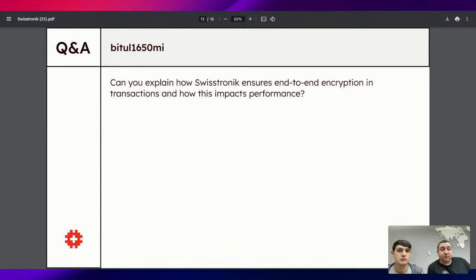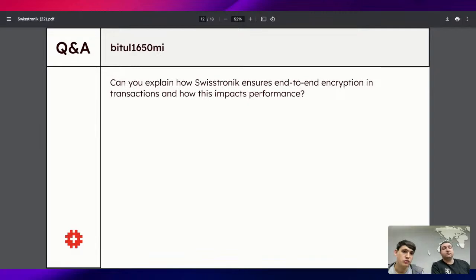Next question comes from Bytool1650MI. Can you explain how Swisstronic ensures end-to-end encryption in transactions, and how this impacts performance? Well, first of all, we have two EVM RPC endpoints. We have the encrypted one and the unencrypted one, so it's customizable privacy.